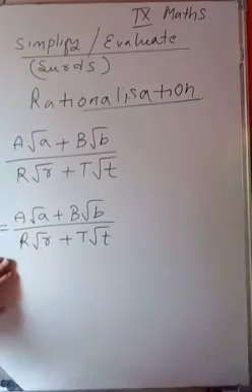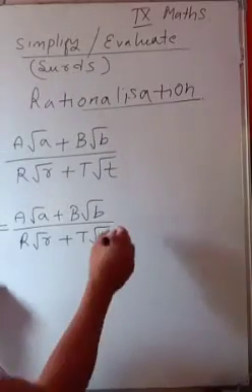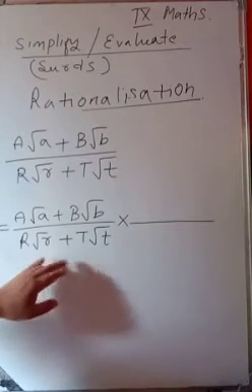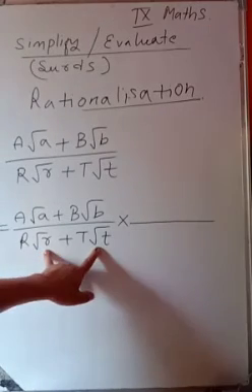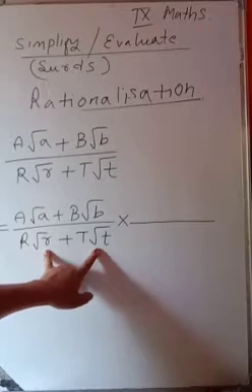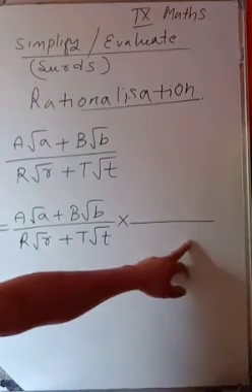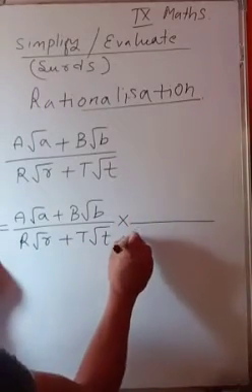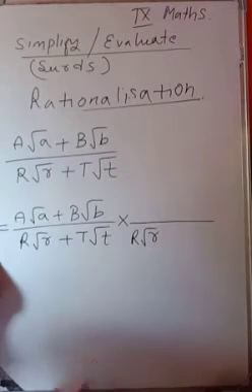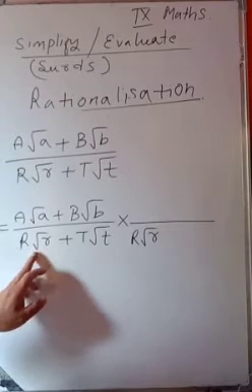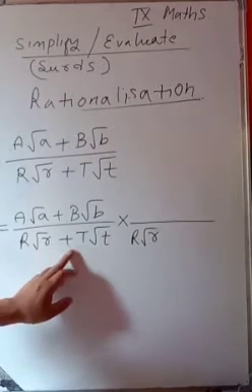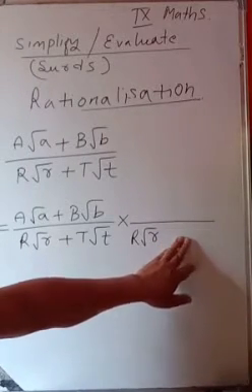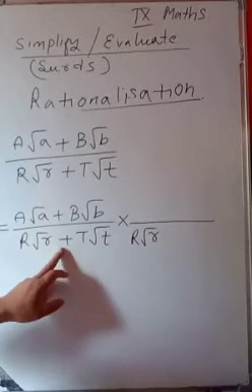Now we have to multiply by a number. Again we have to see the denominator, which has root r and root t. If this is plus, you have to use the opposite sign, minus.